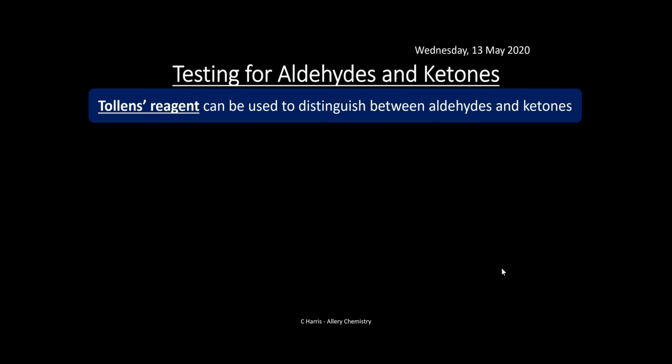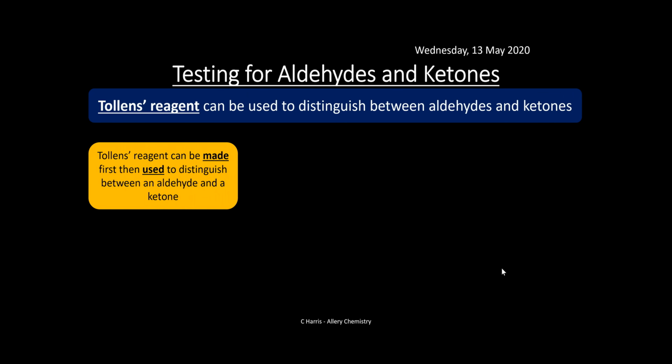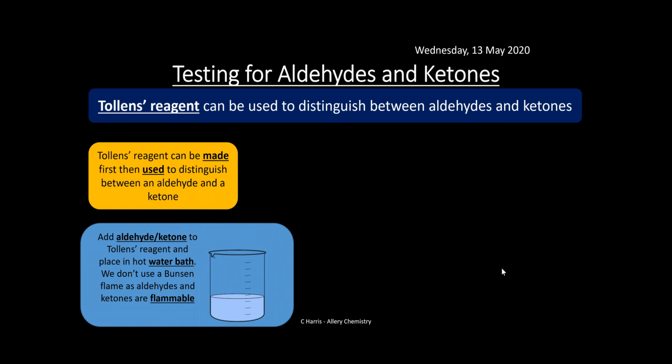Okay. Another one is Tollens reagent, and this can also be used to distinguish between aldehydes and ketones. This is a nice one. Tollens reagent is made first, and then used to test for aldehydes and ketones. Once it's made, we add our aldehyde or ketone to the Tollens reagent and place it in a water bath.